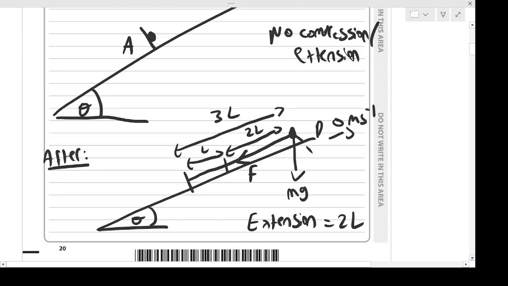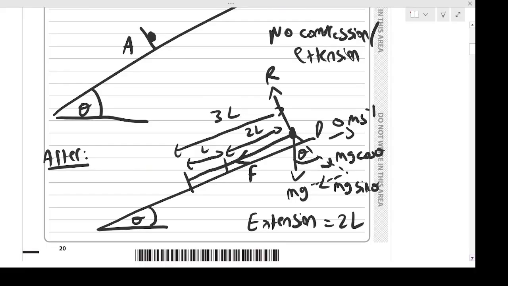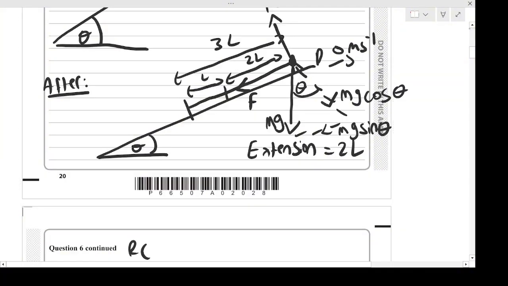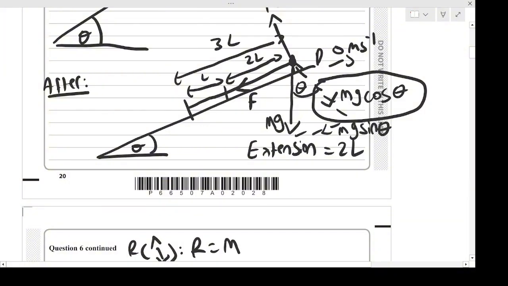If we split the components up, that's going to be mg cos theta there, and then mg sin theta, and then we're going to have a reaction force R. So if I resolve perpendicular to the slope, R is going to be equal to this component here, mg cos theta, in the other direction.